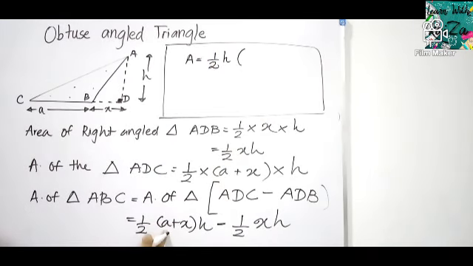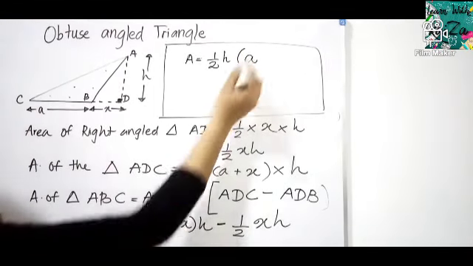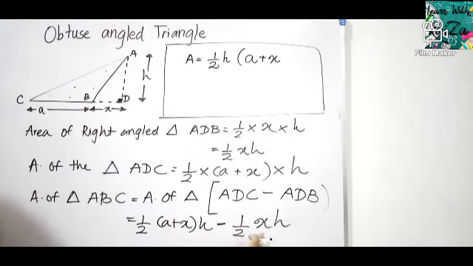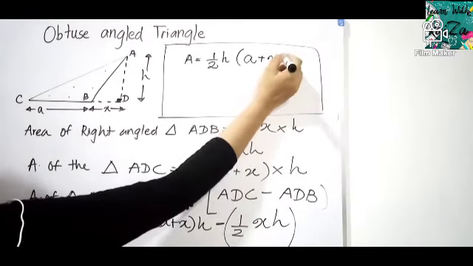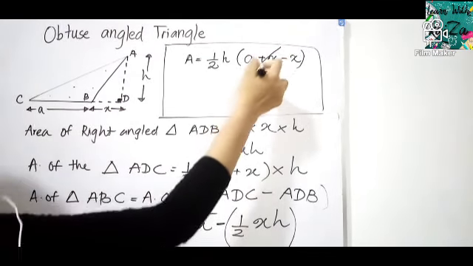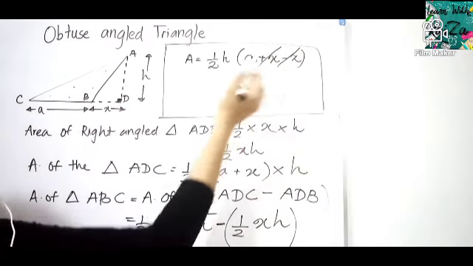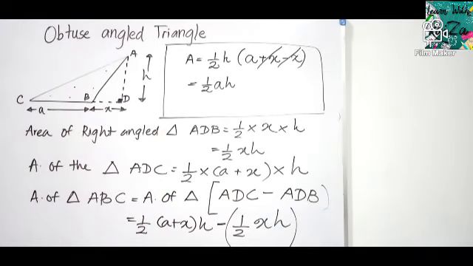X is also common, but still we have to write it, because it is plus X and minus X. So we write what is remaining in the bracket: A plus X, and here minus X. This whole value is applied for the minus. So A plus X minus X. Now there is a rule in mathematics that plus and minus get cancelled off. Plus X gets cancelled off with minus X, and what is remaining? Half AH.